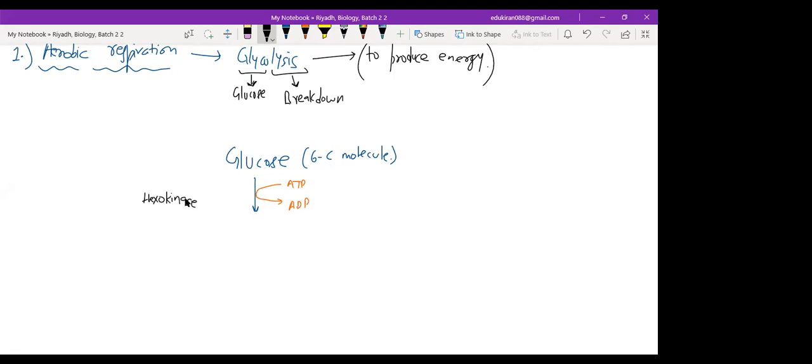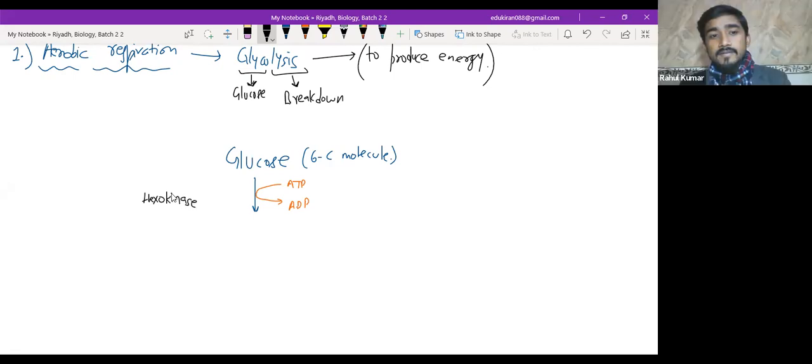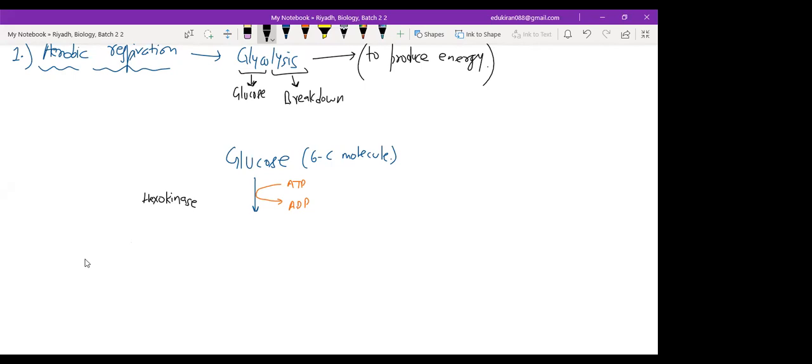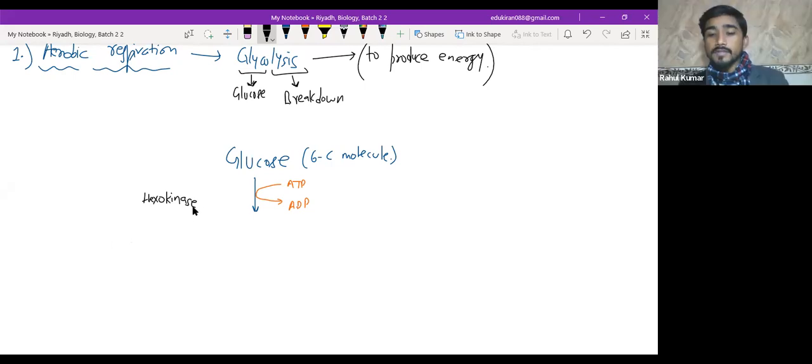Kinase means an enzyme, which basically is phosphorylating, adding phosphorus. And remember the macronutrients and micronutrients chapter for plants? There I told you what is the role of magnesium. It acts as a cofactor for glycolysis. So Mg2+ as a cofactor.